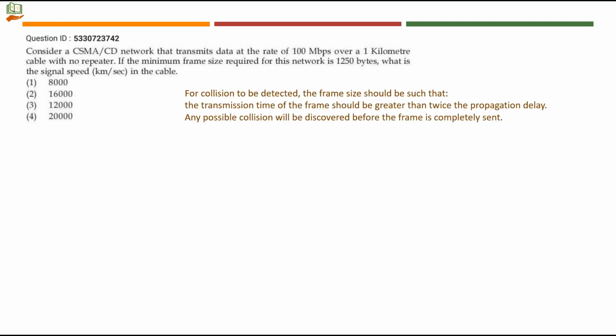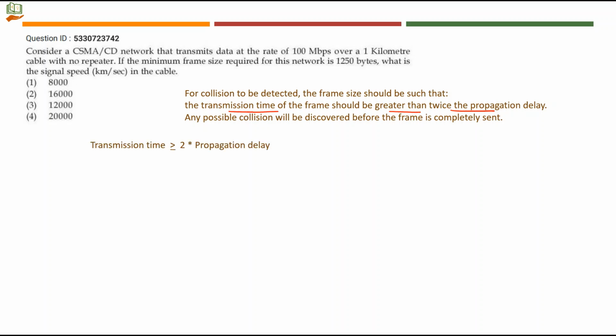For collision to be detected, the frame size should be such that the transmission time of the frame should be greater than twice the propagation delay. Any possible collision will be discovered before the frame is completely sent. For that purpose, they are setting this particular condition.